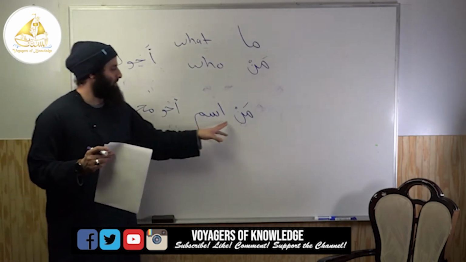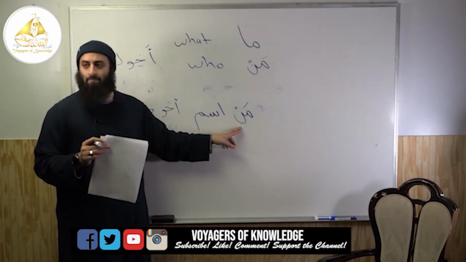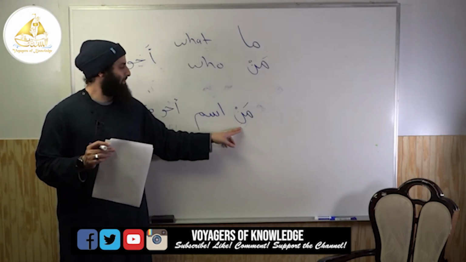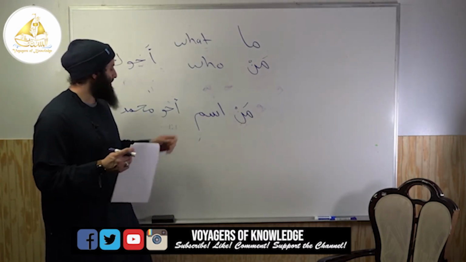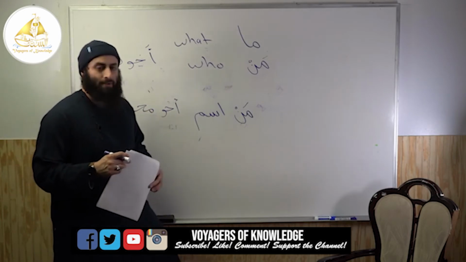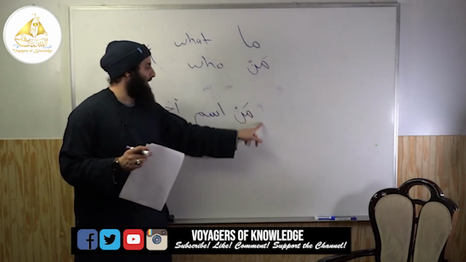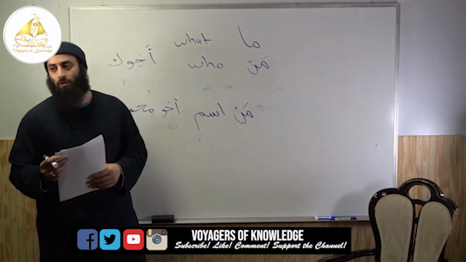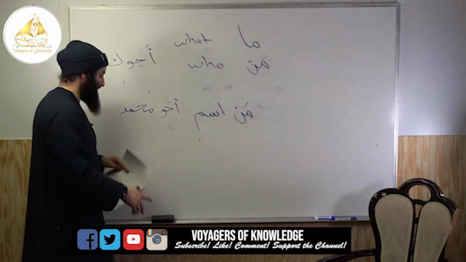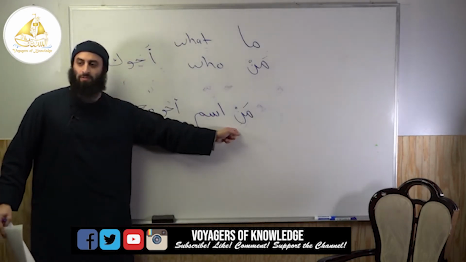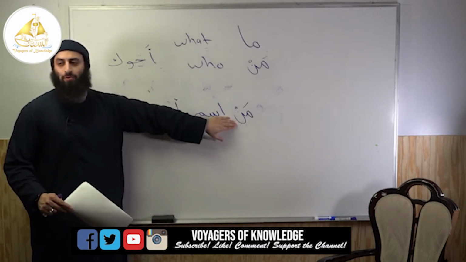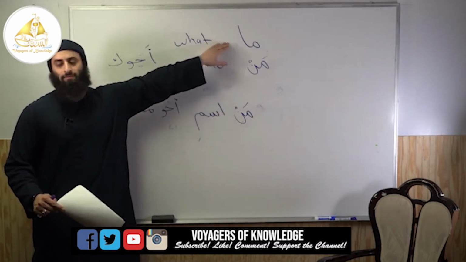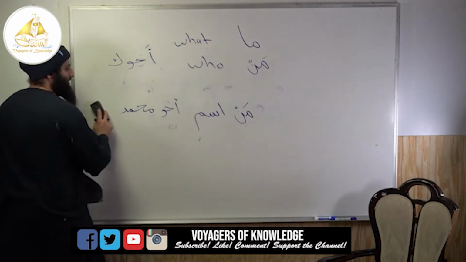If I say liman, then it will be whose, right? Yeah. But then what about Akhu Muhammad? If you say liman, for who or whose? Does that make sense, Muhammad? Yeah, which I thought was fine. No, because men is for people and ma is for things. Yeah, okay.